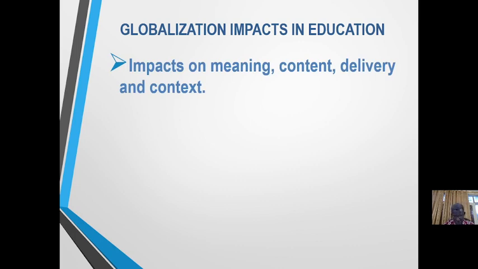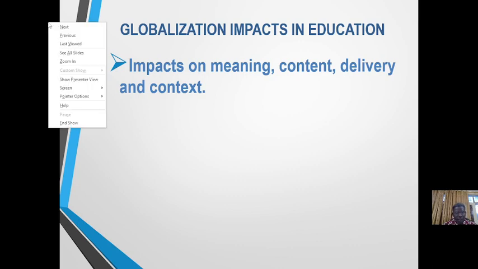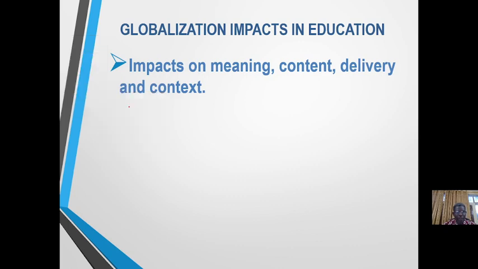Globalization has enhanced the ability of learners to access, adapt, and apply knowledge in the way that suits their interest and the interest of society at large. Therefore, we see a paradigm shift in education undertakings, in meaning, content, delivery, and context. Take note of these four parameters.